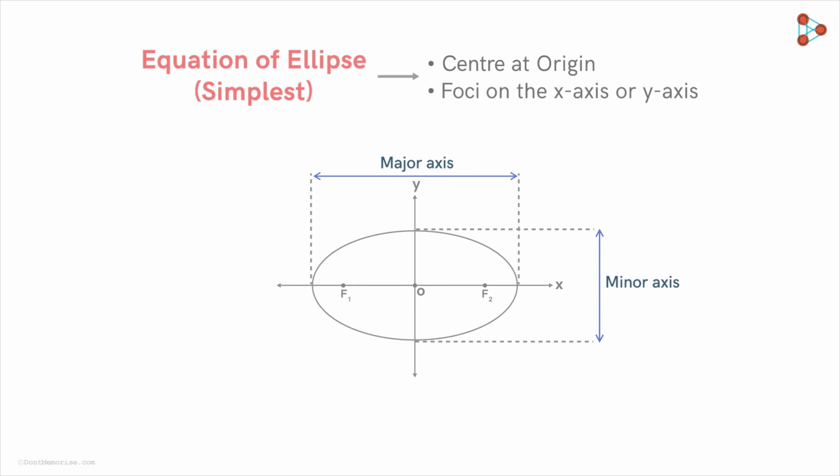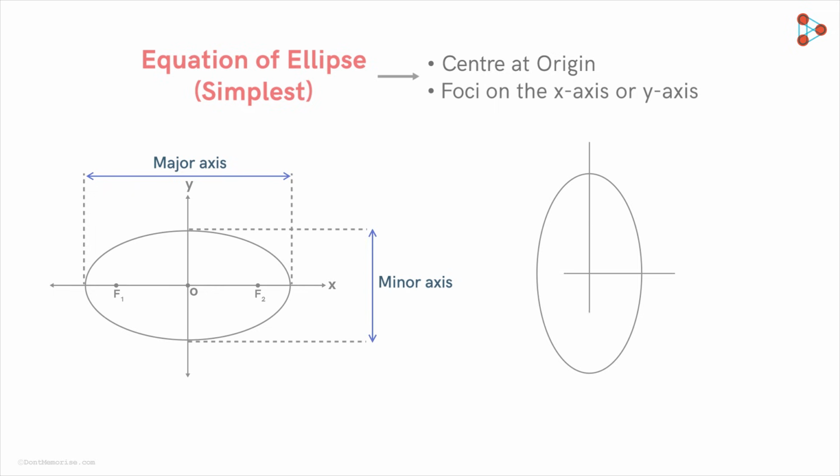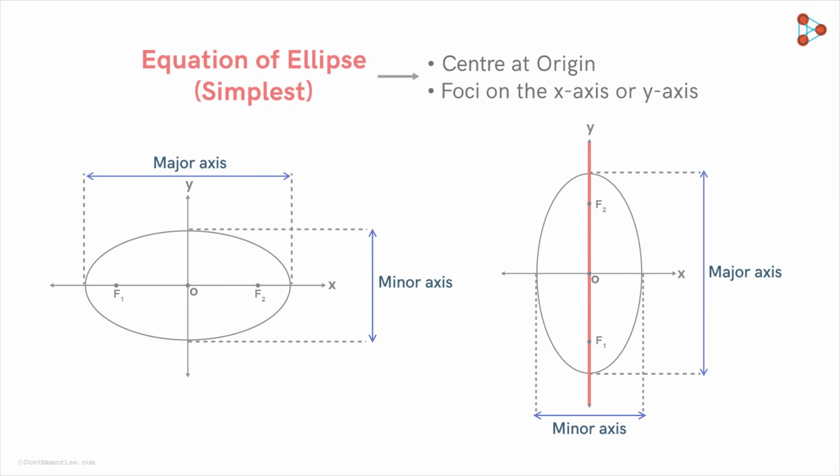This is one of the possible orientations of the ellipse satisfying these conditions. Here the foci are on the x-axis. Another possible orientation is when the foci are on the y-axis and the center at the origin. So here the major axis is along the y-axis and the minor axis along the x-axis.